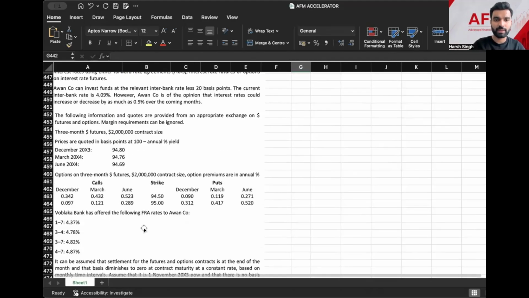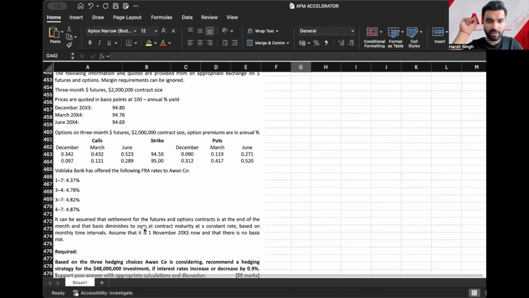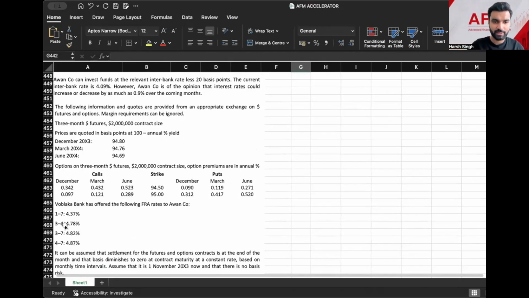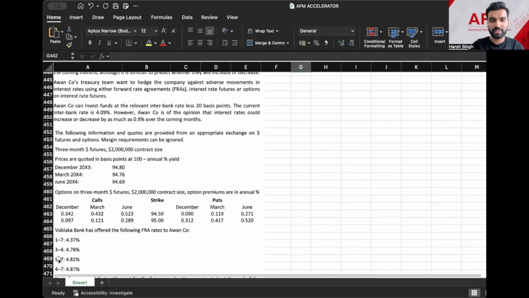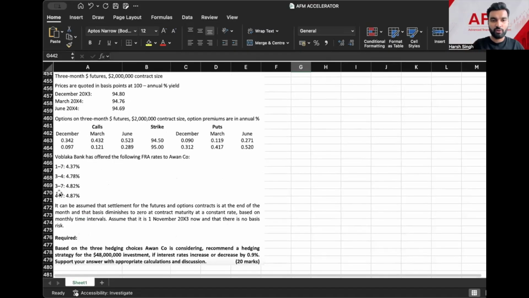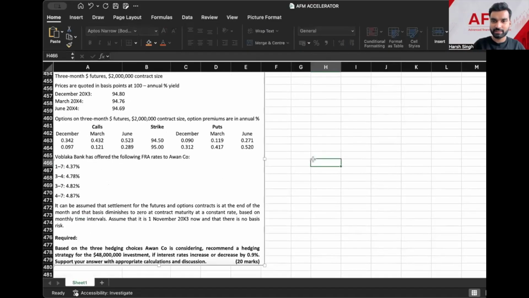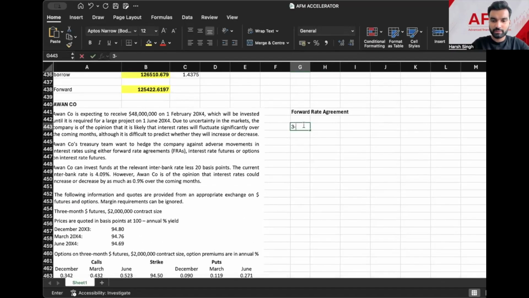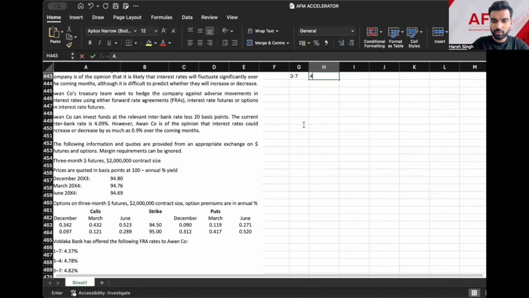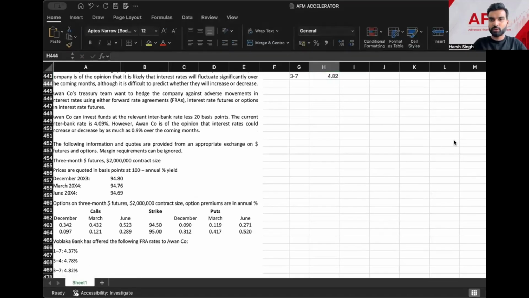So it is a 3 month gap, not 4. We have November, December, January because we're investing on 1st Feb. So definitely it is going to be 3-7 rather than 4. Why? Because Feb, March, April, May is 4 months. So my forward rate agreement is going to be 3-7, at 4.82. Right, this is going to be my interest rate.